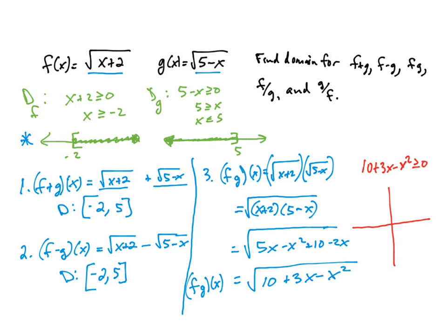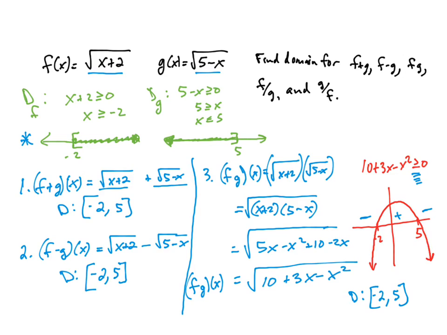If we were to graph this, this is going to cross at -2 and +5, and this is actually something like this. So this function is negative here, it's positive between -2 and 5, it's negative greater than 5. So we want to know, when is this greater than or equal to 0. So the domain is going to be from -2 to 5.